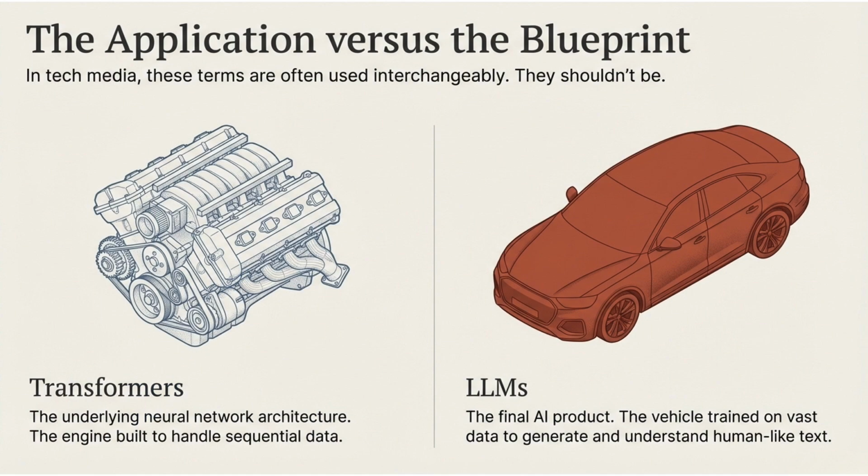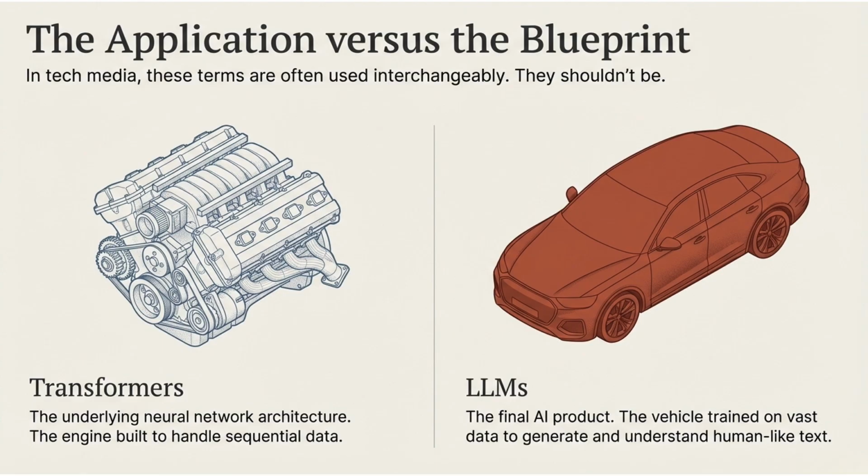The terms transformers and large language models, or LLMs, are often used interchangeably, but they actually represent different things. A transformer is the underlying neural network architecture that processes sequential data efficiently. You can think of it as the engine or blueprint that powers advanced AI systems.